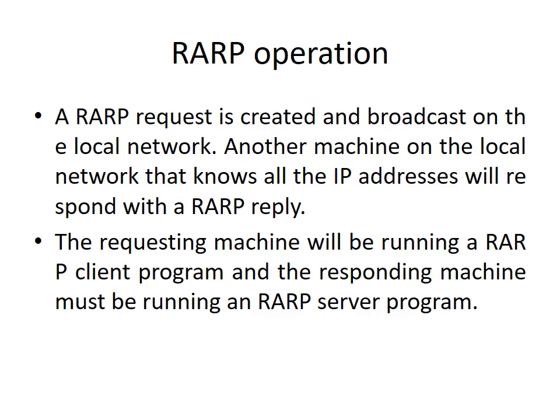Similarly, there will be a server end, which runs the RARP response. The RARP response runs as the RARP server program. The server knows which mappings are possible, and based upon the request from the client, it gives the particular response back.